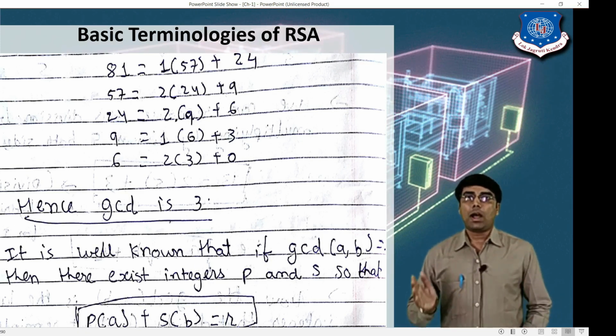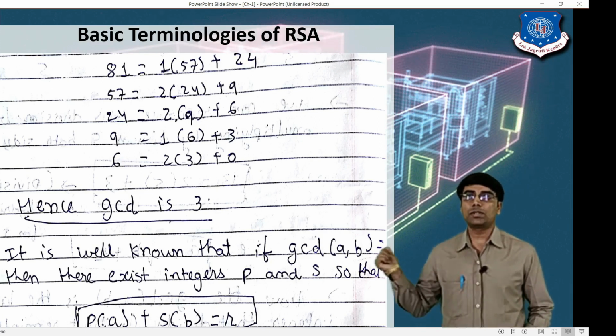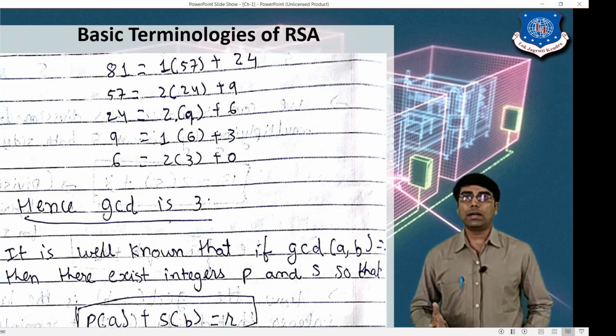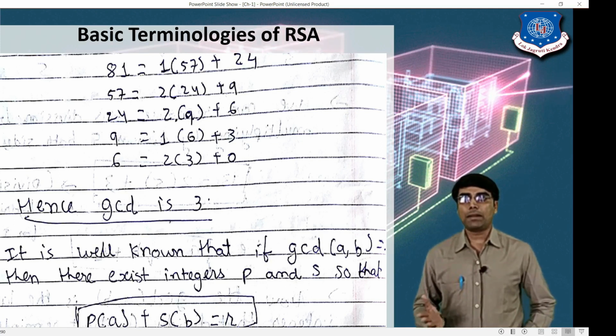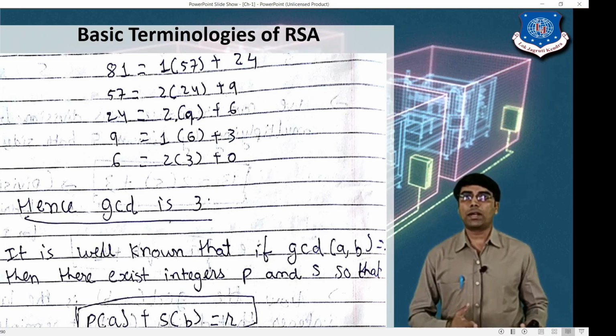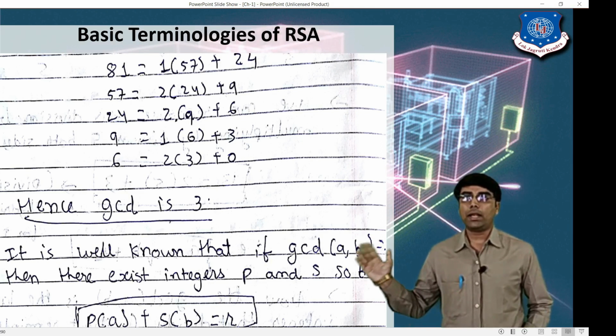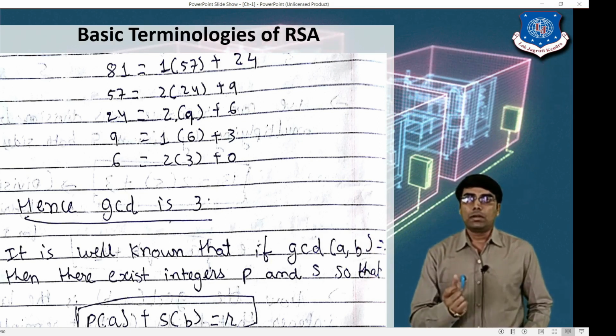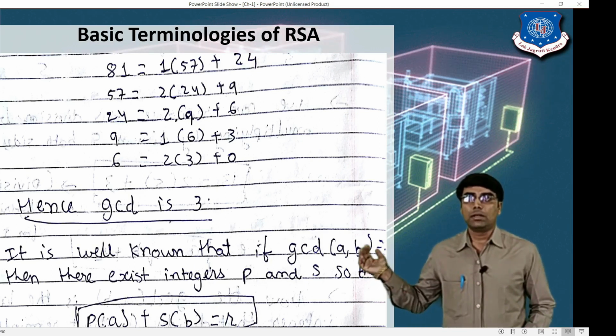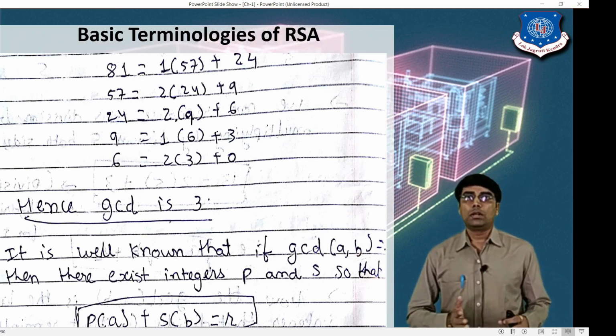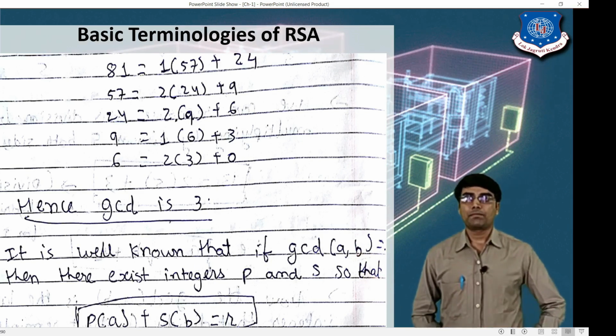It means to find how many times 57 goes into 81. So we multiply 57 by 1 plus 24, and you will get 81. Next, we put 57 on one side of the equation, so 57 equals 2 times 24 plus 9.